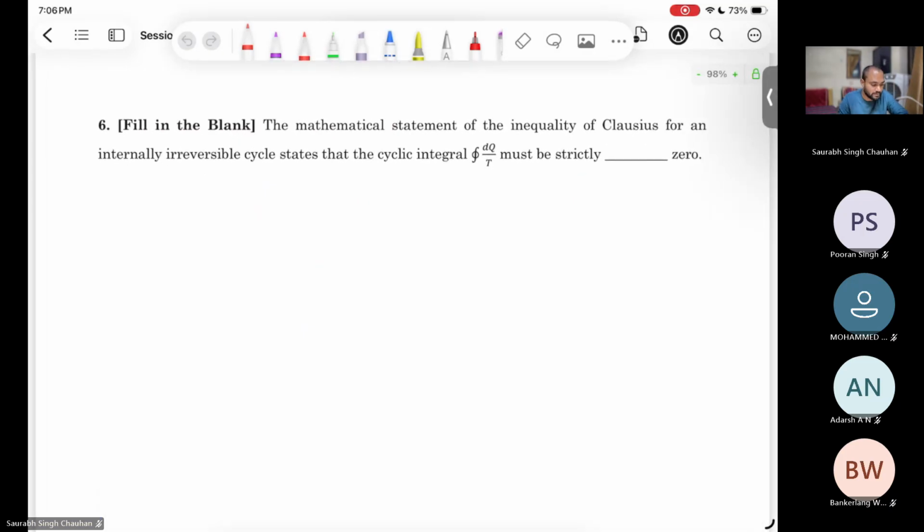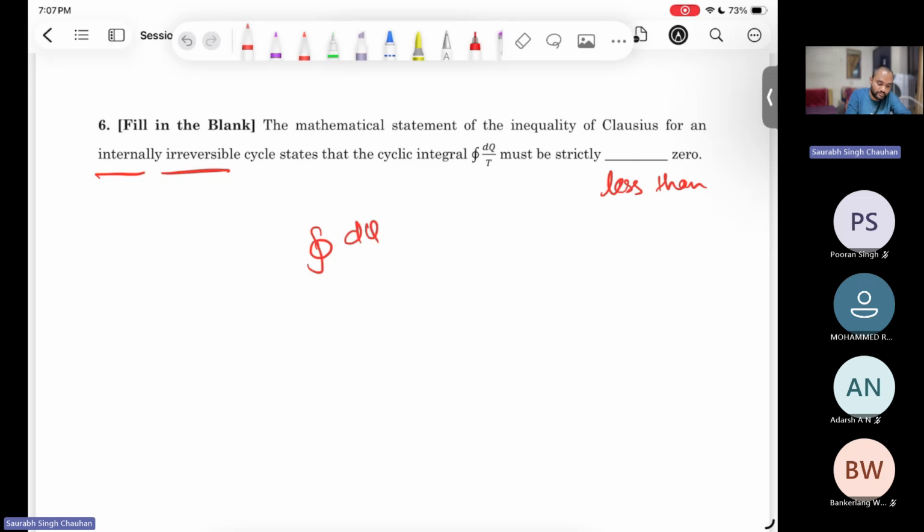Now coming to the next question, question number 6. It says that the mathematical statement of the inequality of Clausius for an internally irreversible cycle states that the cyclic integral of dq by T must be strictly less than 0, right? Correct? We have discussed this thing.